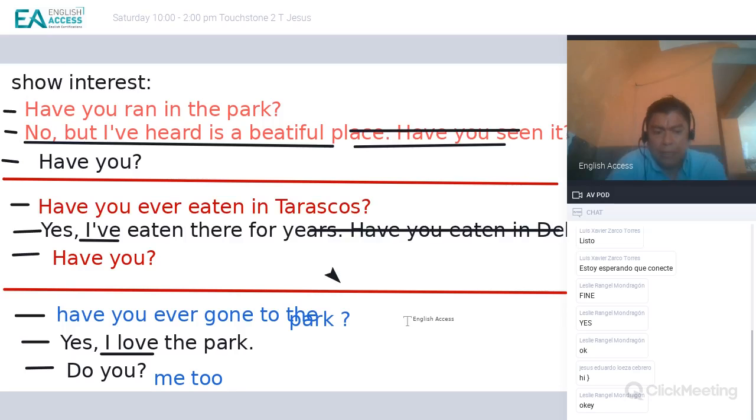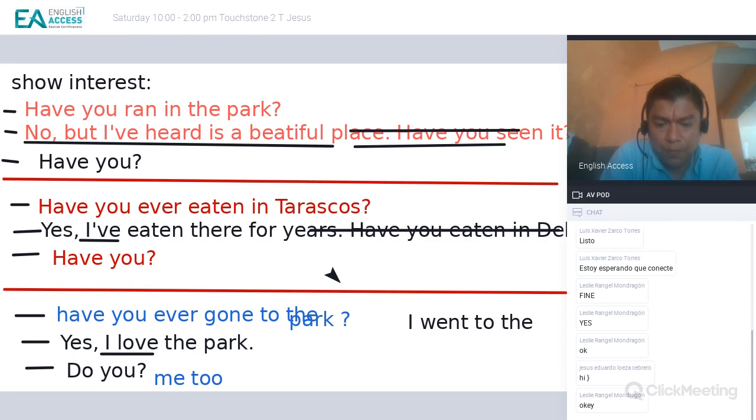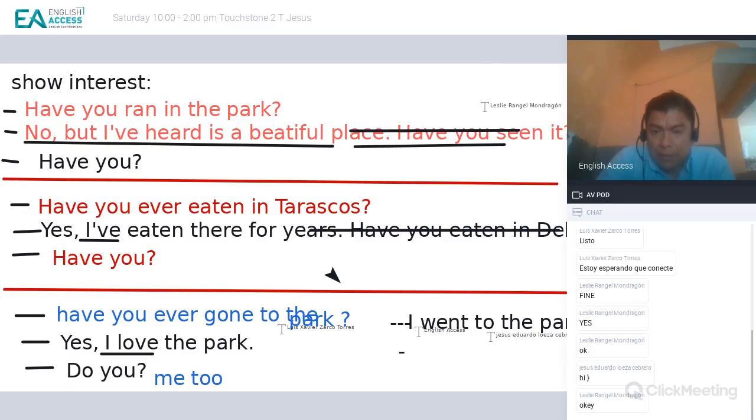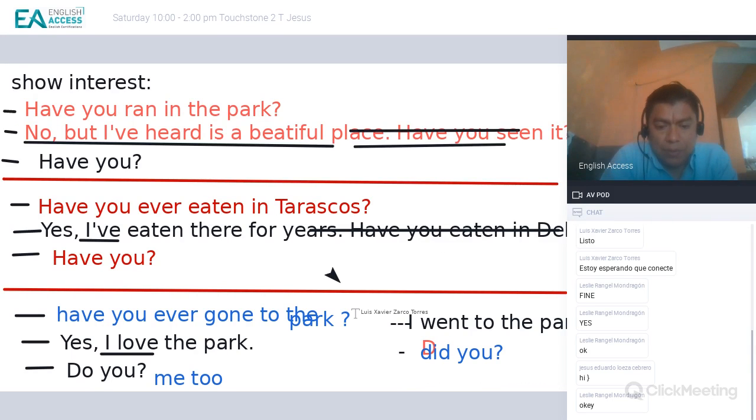Now another example. I went to the park. Okay? What is the response? It's in simple past. I went. So what is the response? Did you? That's right. Okay? Now another example.